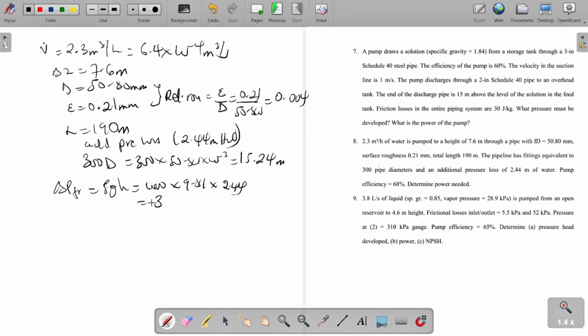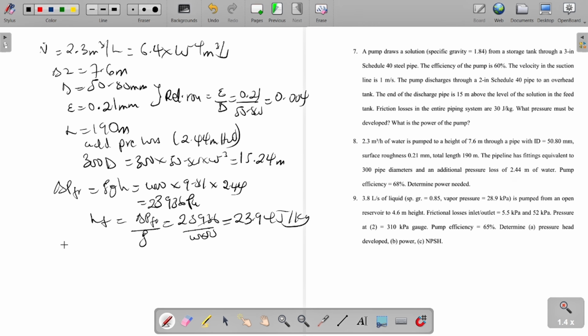So you have 23936 Pascal. To get HF in joule per kg, I just divide by the density, so 23936 divided by 1000 gives me 23.94 joule per kilogram.